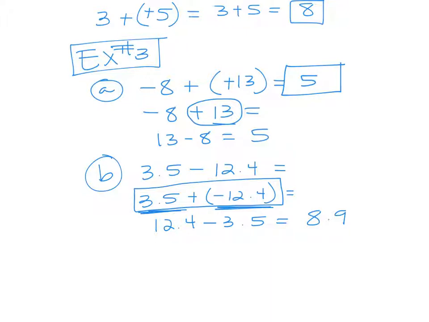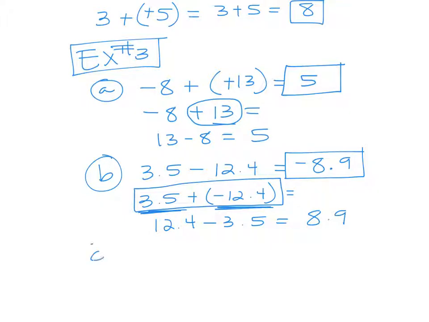The negative, right? 12.4 as an absolute value is bigger than 3.5. So your answer is a negative 8.9. Okay? And again, you have a beautiful calculator. Check it. If you didn't get it right, plug it into your calculator. Make sure you get it right. Okay? But I want you to try it without.